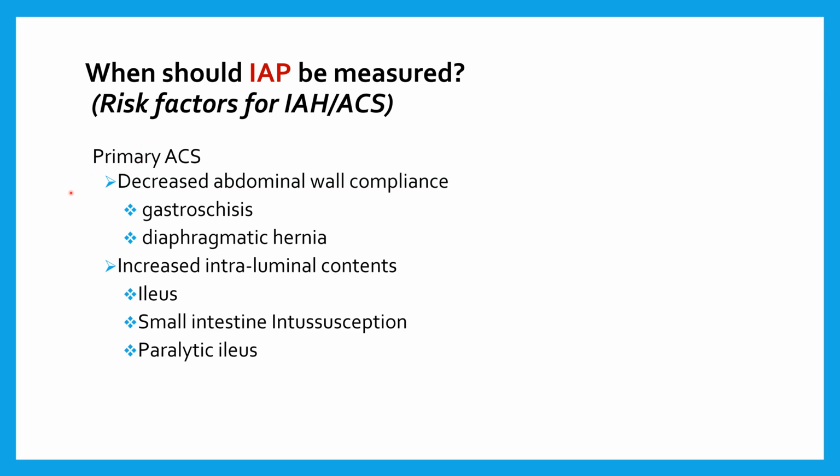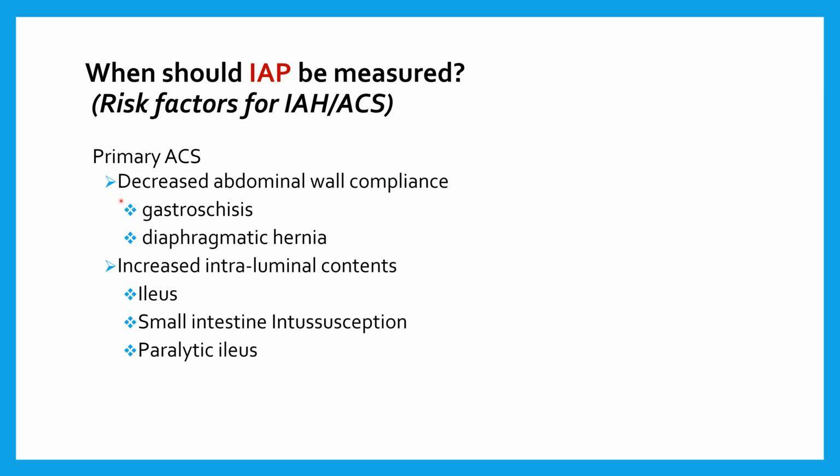The primary first. Let's imagine we have a cavity here. The increased pressure inside the cavity will be due to the wall of the cavity being less compliant to any pressure, or the contents inside the cavity increasing.